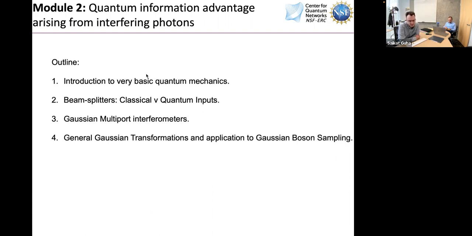But I will emphasize that quantum mechanics and purely quantum light can be used in what we call Gaussian boson sampling, which is a specific type of quantum computer that calculates samples for what we call a Hafnian or a permanent.